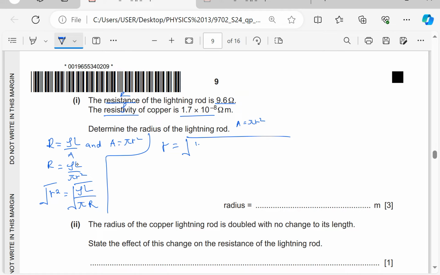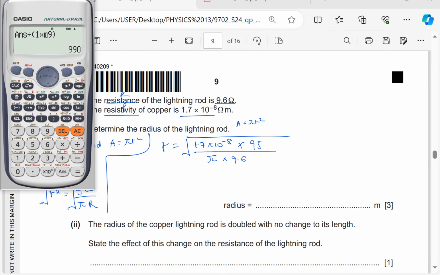Rho is 1.7 times 10 to the power of minus 8. Then L, the length was 95. Divide by pi, then times capital R, which is 9.6.